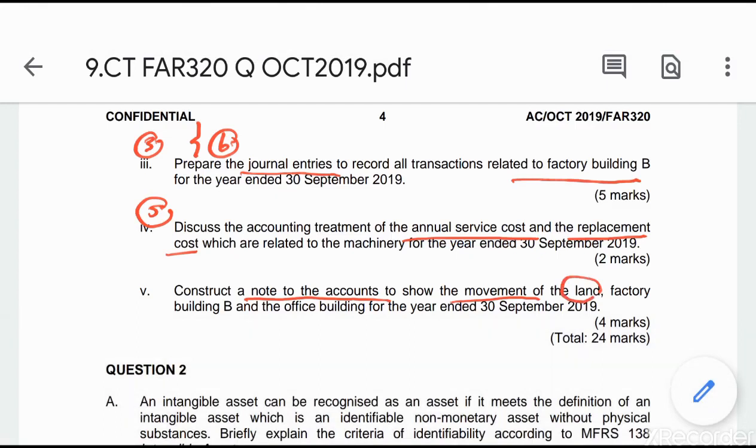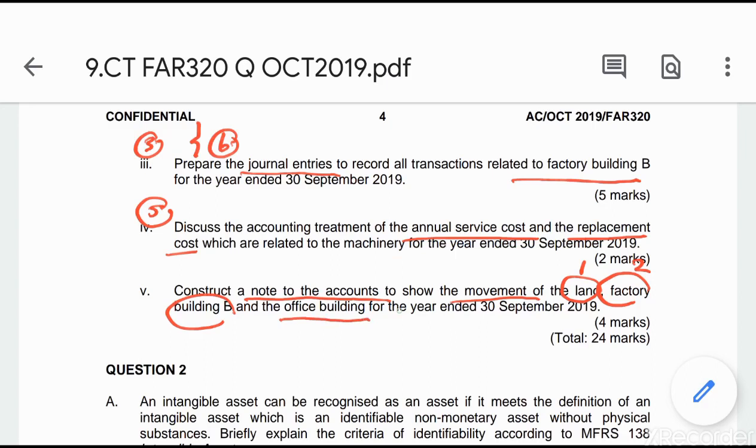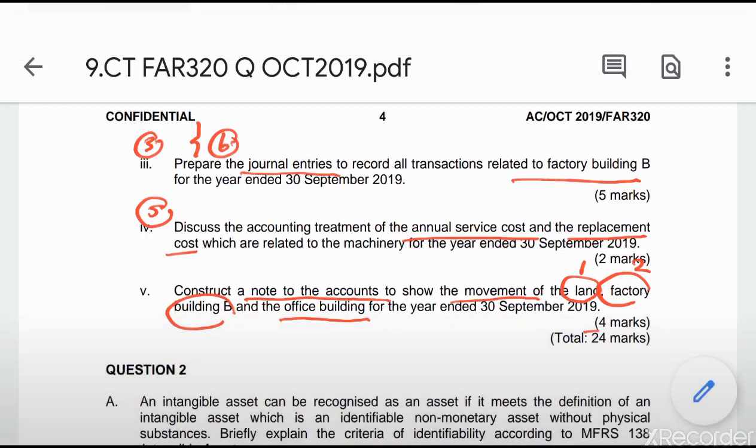You are just asked to do it for land, factory building B, and office building. You're not asked to do it for factory building A and the machinery, so you don't have to do that. That one will give you 4 marks.